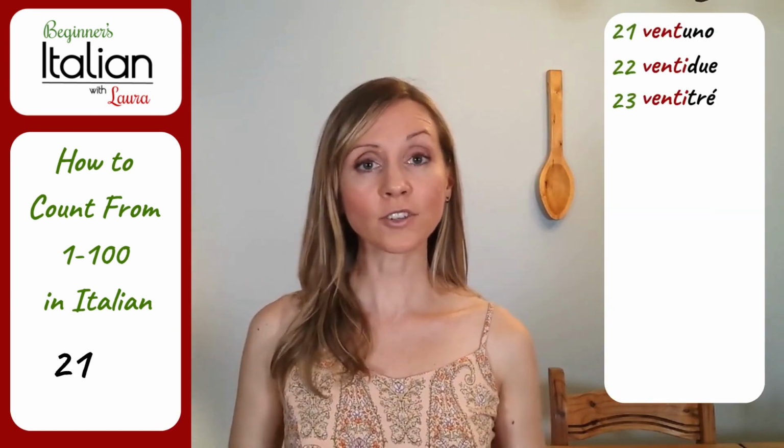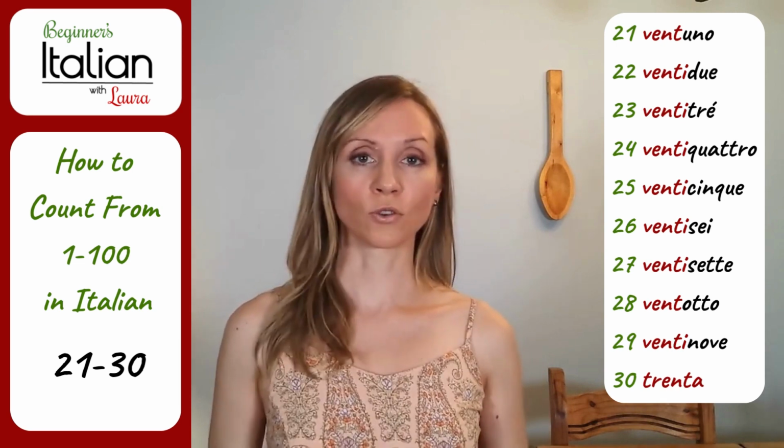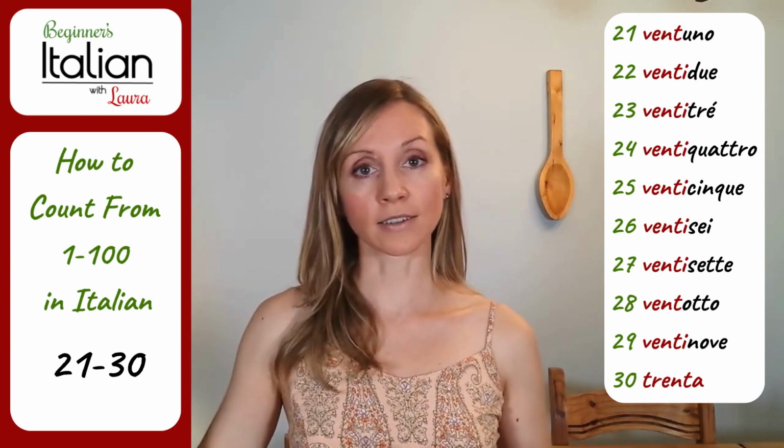From 20 to 30 is going to follow the same pattern that 30 to 40 and 40 to 50 and 50 to 60, 60 to 70, all the way up is going to follow. So with 21, you say 21, and then after that, you pretty much just add the next number.